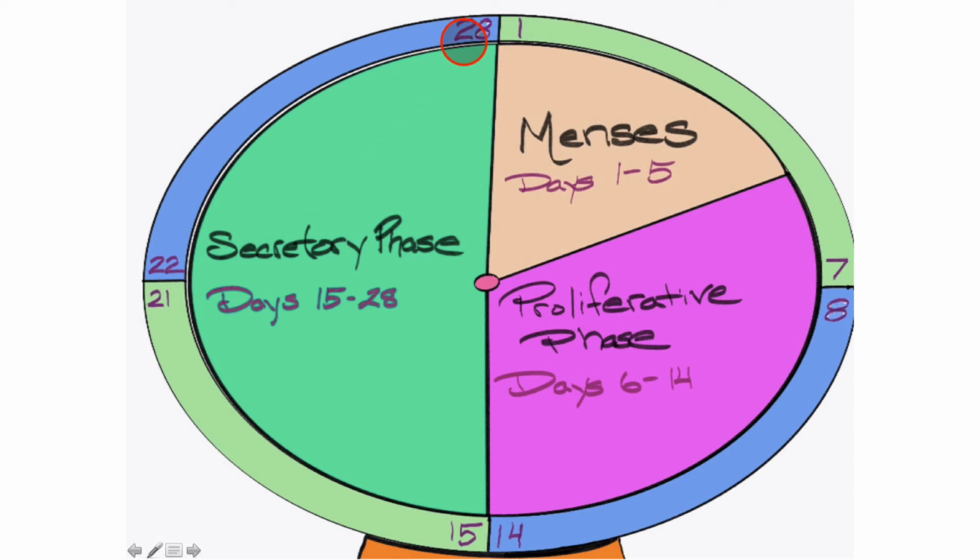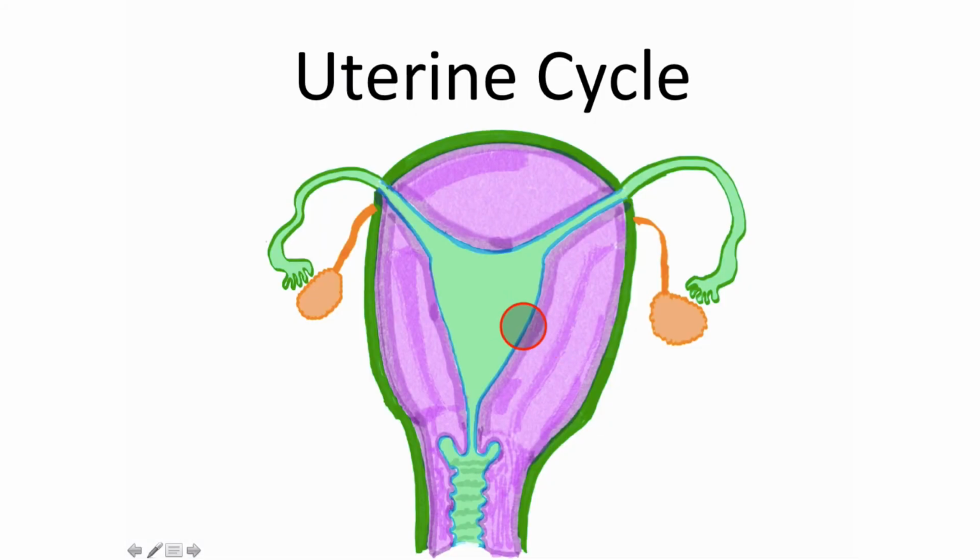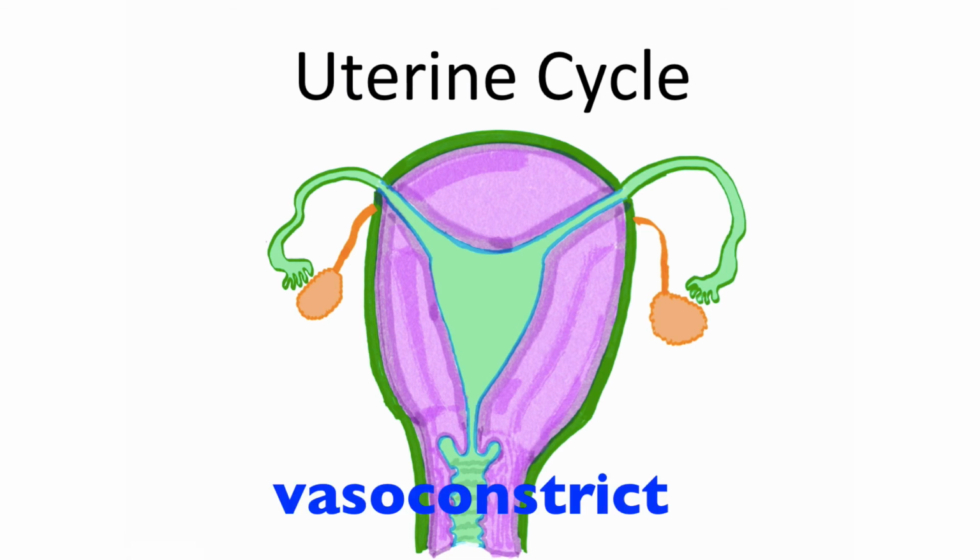At roughly day 28, we get a sharp decline in hormones, both estrogen and mainly progesterone, which causes those spiral arteries that I talked about that come into the endometrium from the myometrium to become spasmatic and vasoconstrict. When blood vessels vasoconstrict, they diminish blood flow to a specific area.